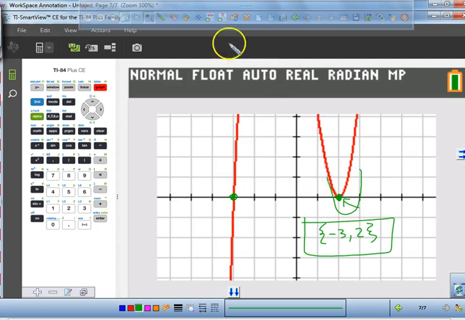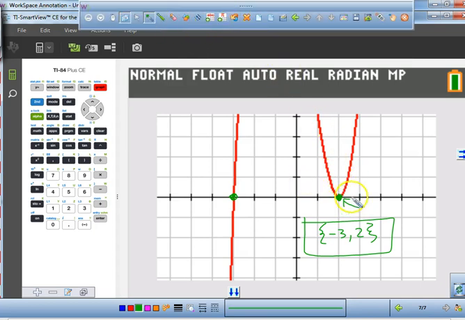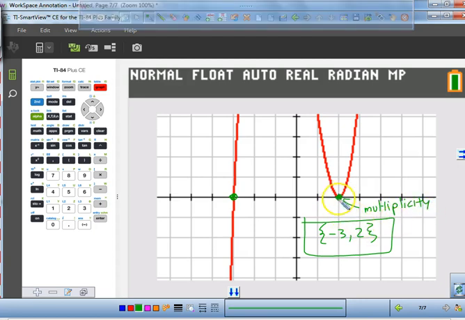It touches it. Any time it just touches the graph right here, you have this concept called multiplicity. If I see a graph that touches the x-axis, I know I actually have 2 zeros at the exact same point.